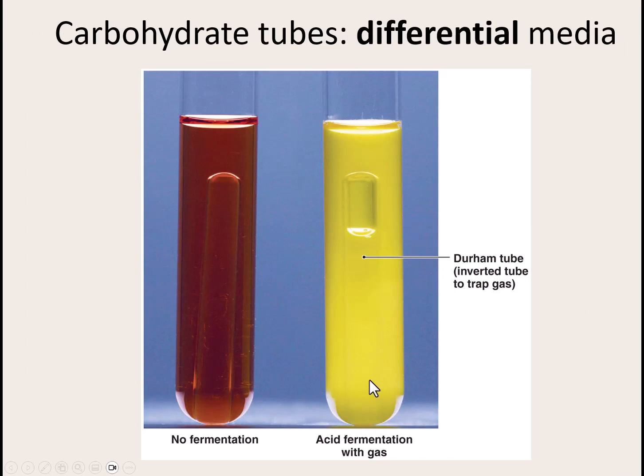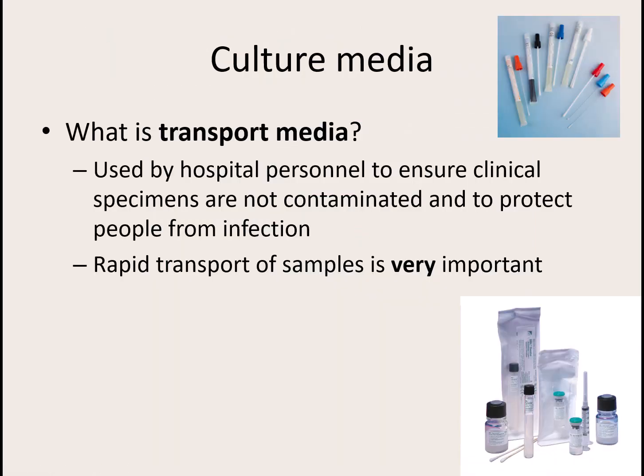And then there's transport media, and we'll look at some examples of this up in lab. Again, transport media: if you collect a sample from a patient, you want to preserve that bacteria until it gets to the lab for testing. Again, the faster you can get it there, the better the results are going to be. But you're not just going to take a swab and walk down the hall.